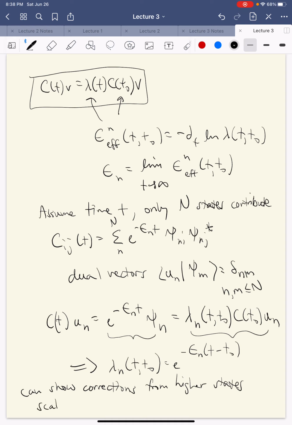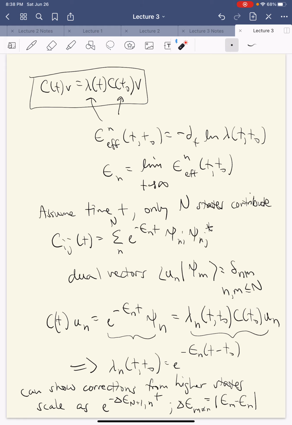So these corrections scale as e to the minus delta E_m times t, where m is not equal to n, is just the energy difference between the m and the nth state.